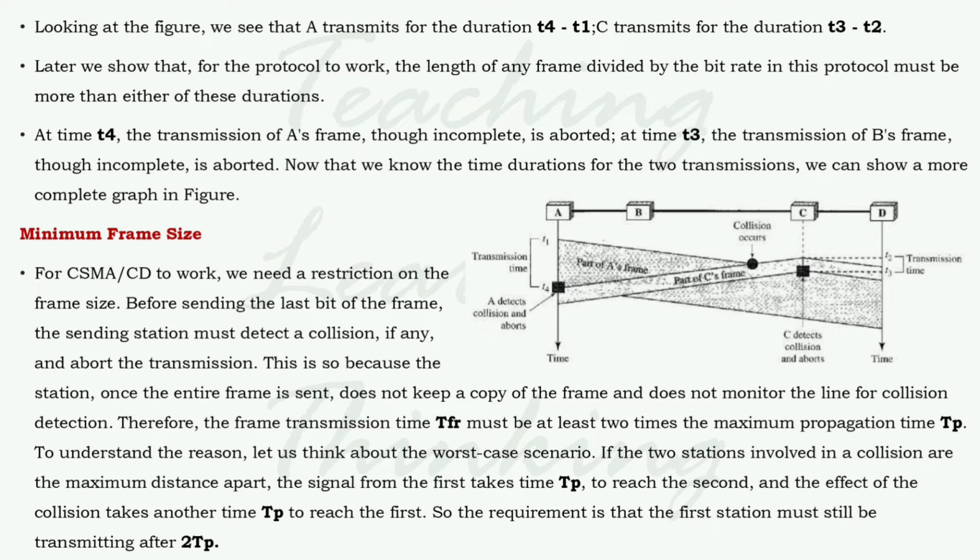This is because the station, once the entire frame is sent, does not keep a copy of the frame and does not monitor the line for collision detection.